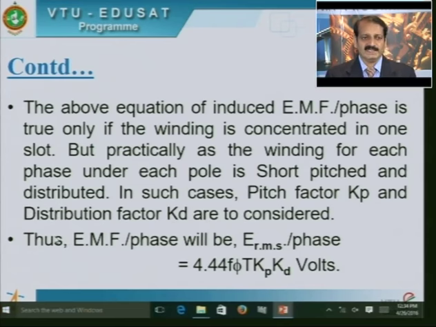Thus, if the windings are short pitched and distributed, the EMF per phase will become 4.44 f phi T, what is derived earlier, multiplied with Kp and Kd. Kp into Kd is abbreviated as Kw sometimes, and Kw is called the winding factor, given by Kp into Kd, where Kp is the pitch factor and Kd is the distribution factor as derived earlier.